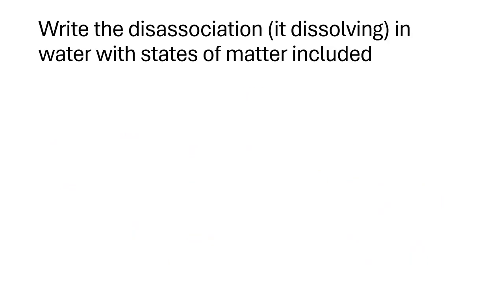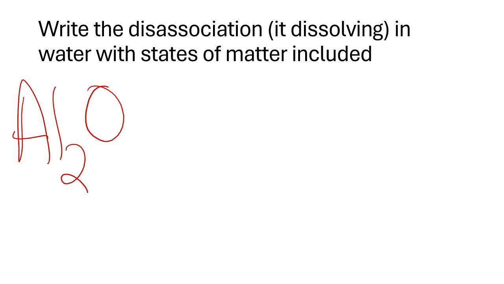Here it's being asked for the dissociation equation for aluminum oxide, Al2O3, and it's a solid, as you saw in lab. It looks like a salt, and if I said to an adult, do salts dissolve in water? They would say, yeah.